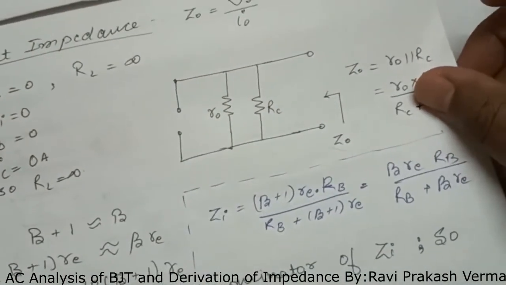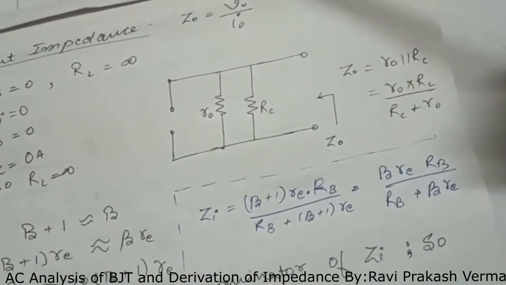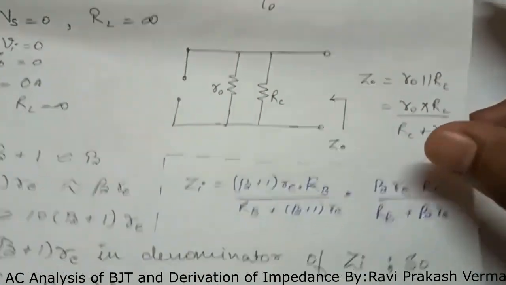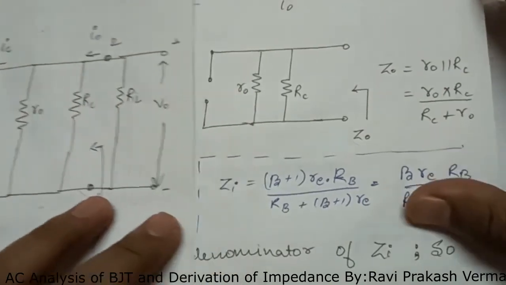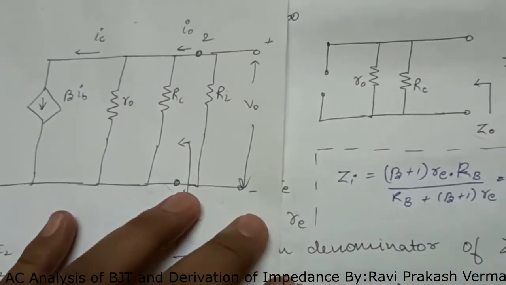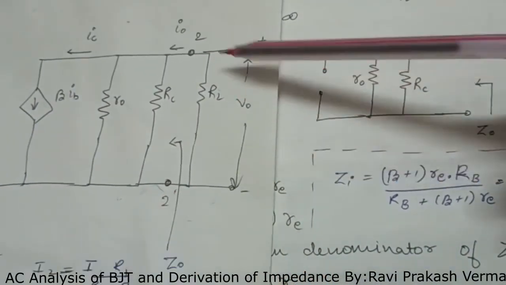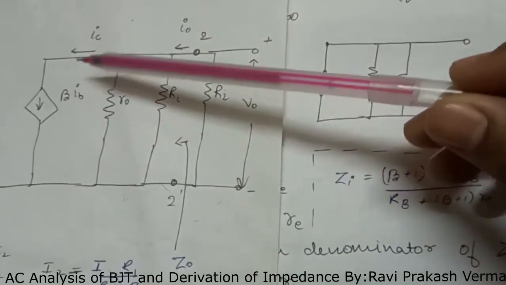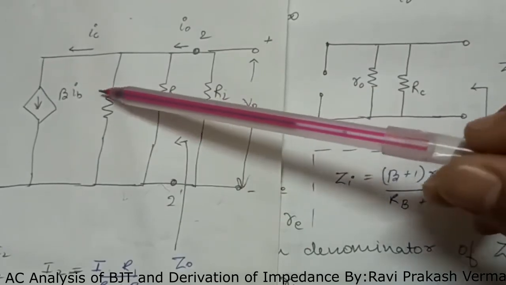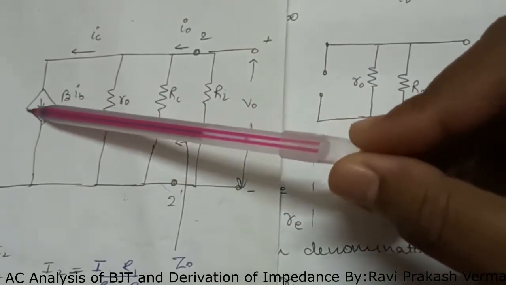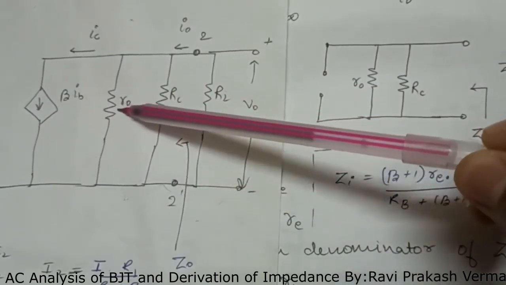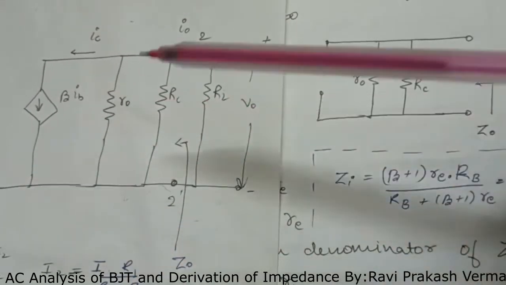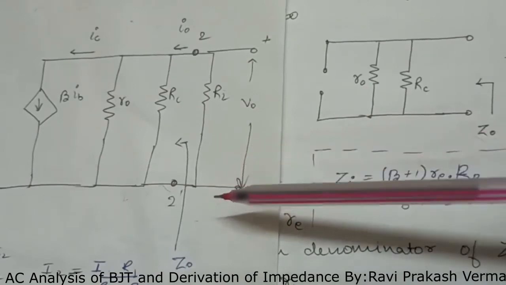If IB is equal to 0, this is our output section. Then IC is equal to 0, so there will be no current passing through this circuit. We have only resistances R0 and RC, and the value of RL is infinite, as we have seen in the previous equation.